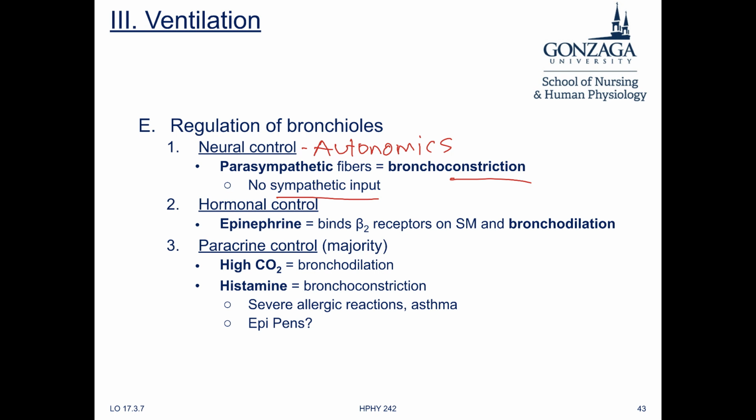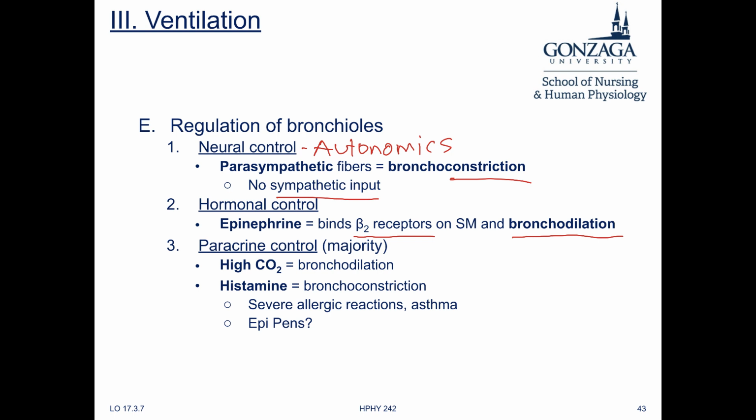Our good friend epinephrine, a catecholamine released by the adrenal gland, circulates in the blood. The blood reaches the smooth muscles surrounding the bronchioles and again binds beta-2 receptors on those smooth muscle cells, and this causes the smooth muscles to relax and therefore bronchodilate.